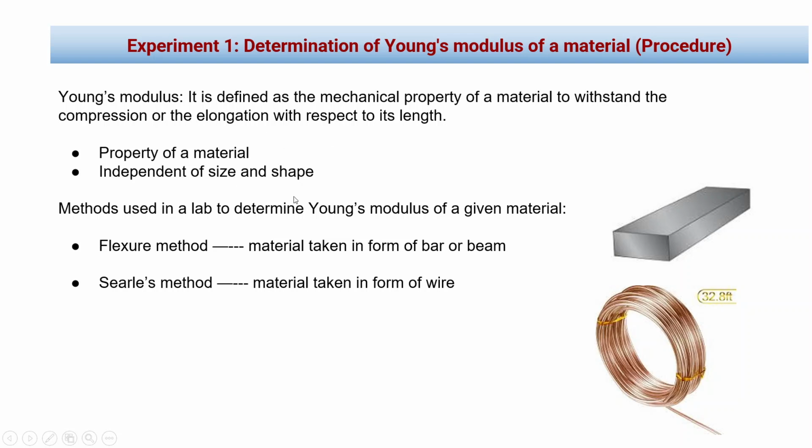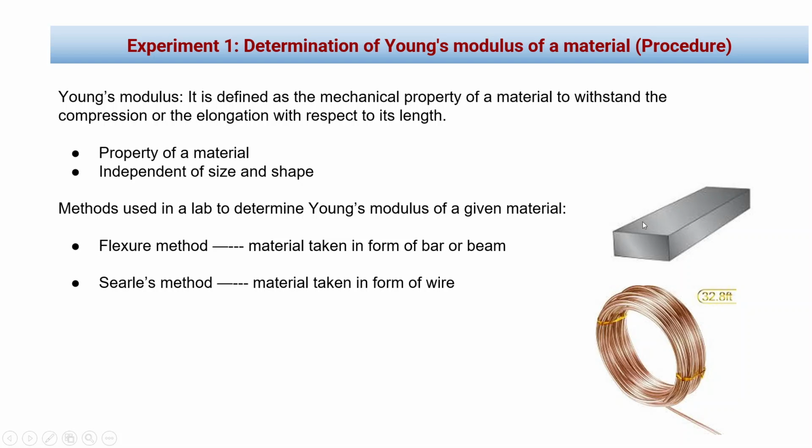Now there are different methods, two of which we'll mention, used to determine Young's modulus for a material in the lab. One method is the flexure method, where the material for which we want to find the Young's modulus is taken in the form of a bar or beam. As you can see here, this is a bar or beam, we can call it, right?